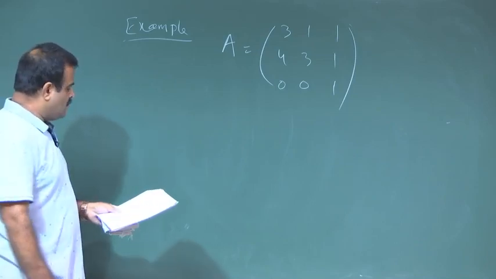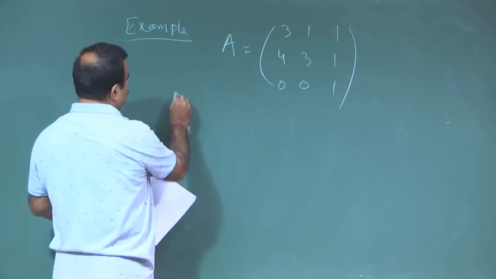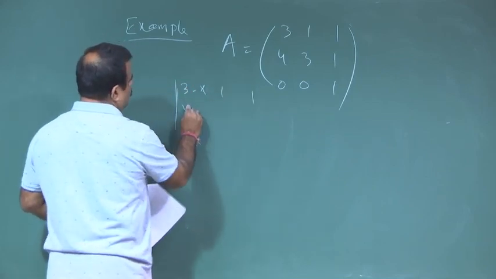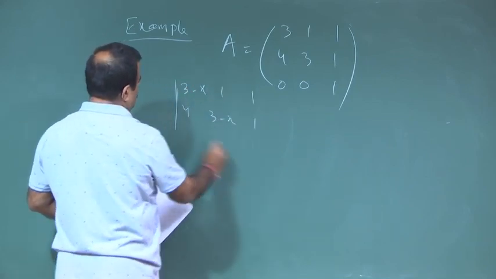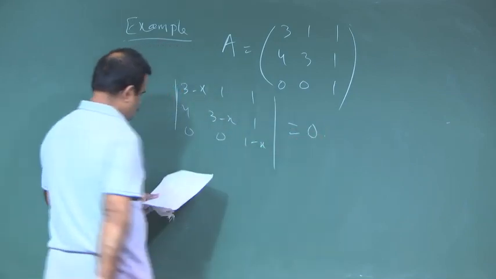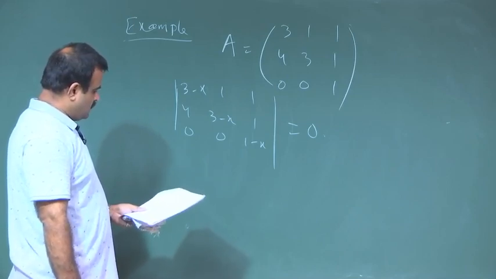So, for that we have to first find the eigenvalues of this. To find the eigenvalues we need to take the characteristic equation: determinant of (1, 1, 4), (3 minus x, 1, 0), (0, 1 minus x) equal to 0. So, this will give us 3 minus 1, 0, 0.